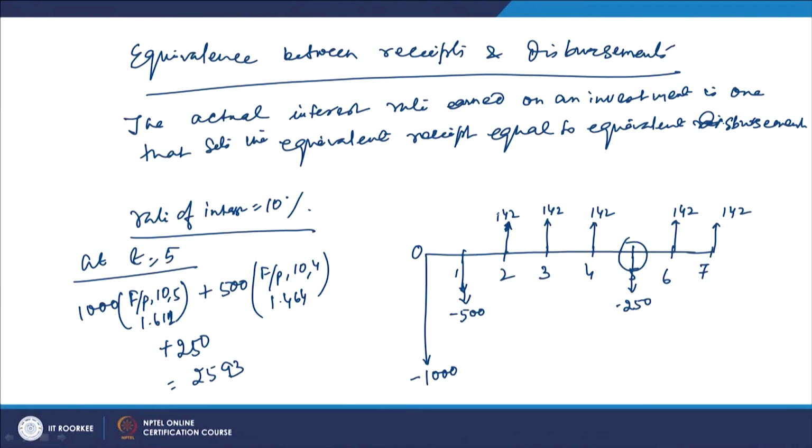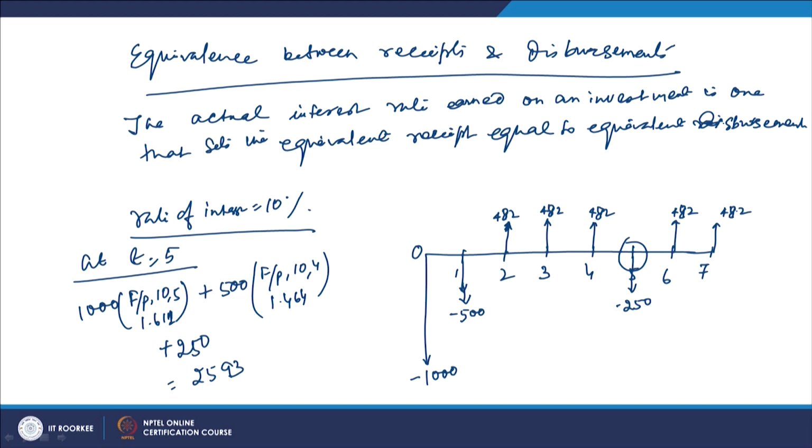Now you have to find the equivalent value of all the receipts. So what we see is that this is basically not 142, this is 482. Now what we see here is that for this 482 you can have the value at this point.